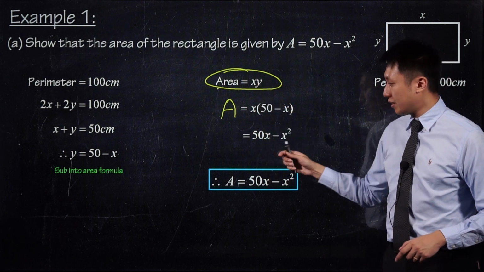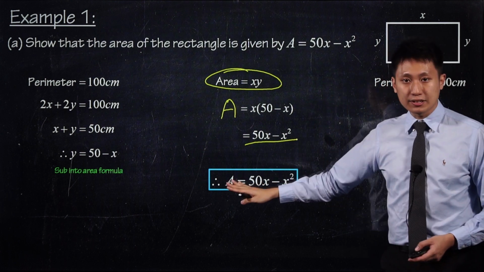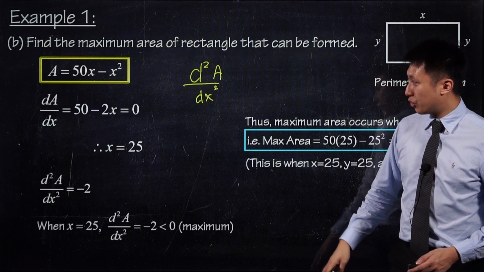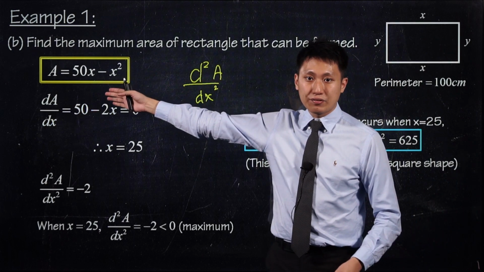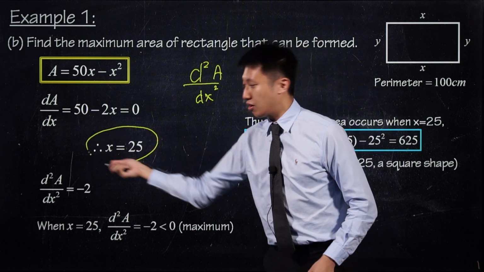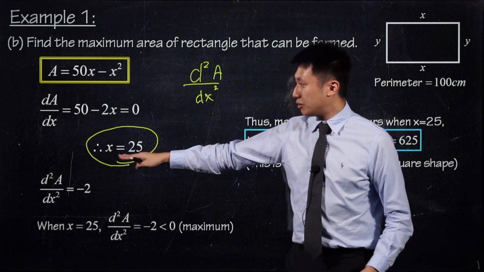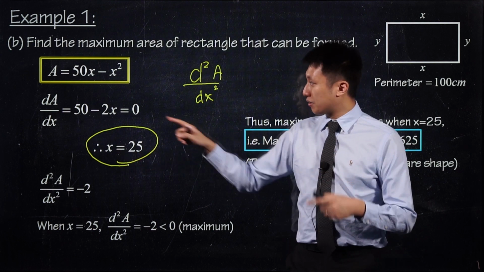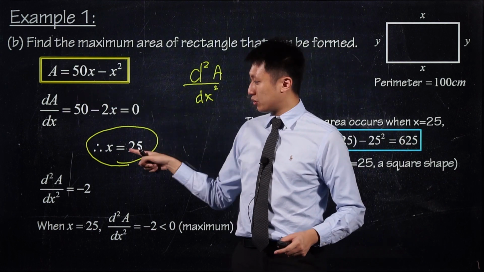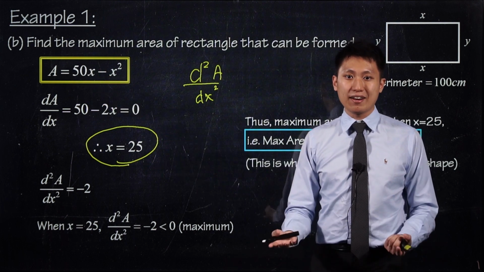Eventually you must have only one variable. Then you differentiate it and set it equal to 0, and that gives your maximum or minimum point. This is only the x value, so you still have to substitute it back into A to get the maximum area.